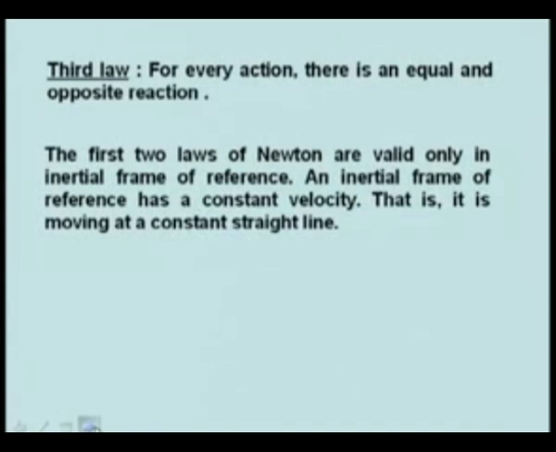Now, an interesting point is that the first two laws of Newton are valid only in an inertial frame of reference. An inertial frame of reference has a constant velocity with respect to another inertial frame of reference, that is, it moves in a constant straight line.